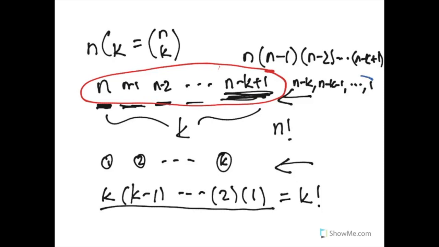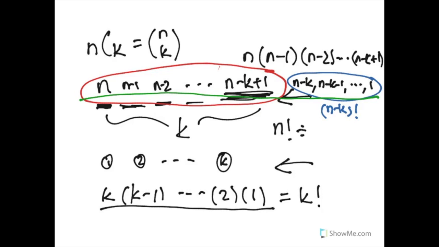But you might notice that this part here is a factorial in and of itself. This is n minus k factorial. And so the whole thing over here is n factorial. The blue thing is n minus k factorial. And they're all multiplied together. So all that we have to do is divide n factorial by n minus k factorial. And then we'll get the result for n multiplied all the way down to n minus k plus 1.